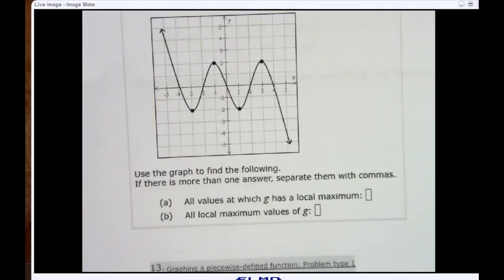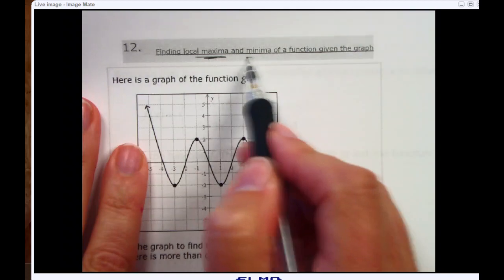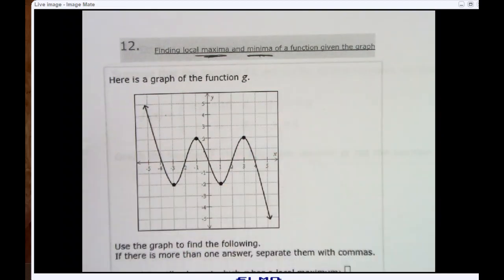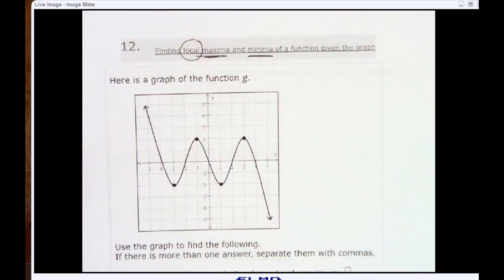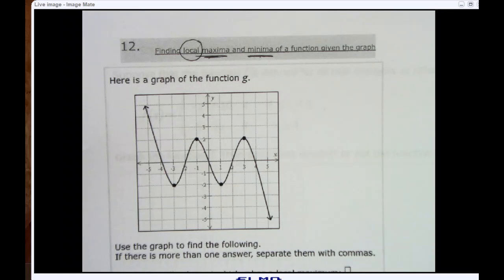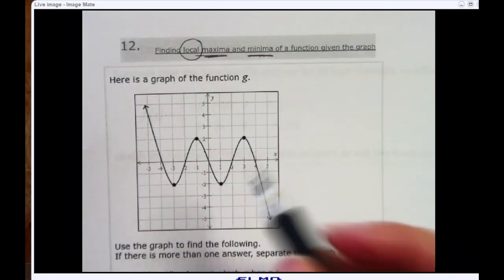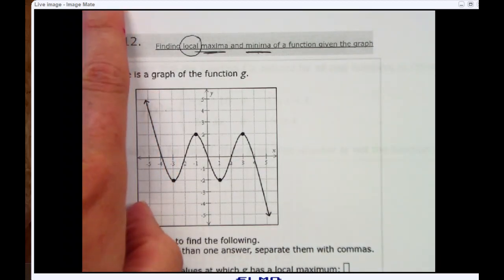Relative extrema. We're talking about maxima and minima, okay? When it says the word local, you are looking for valleys and peaks. Because if it asks just for the maximum, wouldn't that be, yeah, infinity?